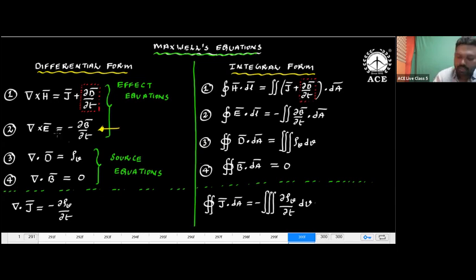What is that special name? This is the only equation where you do not find any source. Here is a source, here is a source, here is a source. So this is the equation which purely relates the effects. Okay. The other name for this one is intrinsic relation.